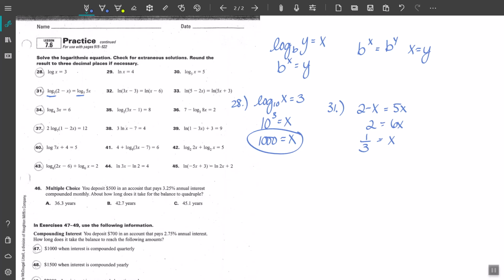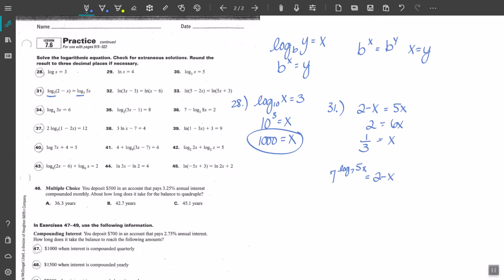The other way to do 31 is to set it up as an exponent. So if I were going to go from log form here to exponential form, it would look like this. I would have that base 7, and it's going to have an exponent of the log base 7 5x that's on the other side. Okay, and then that would be set equal to this 2 minus x.